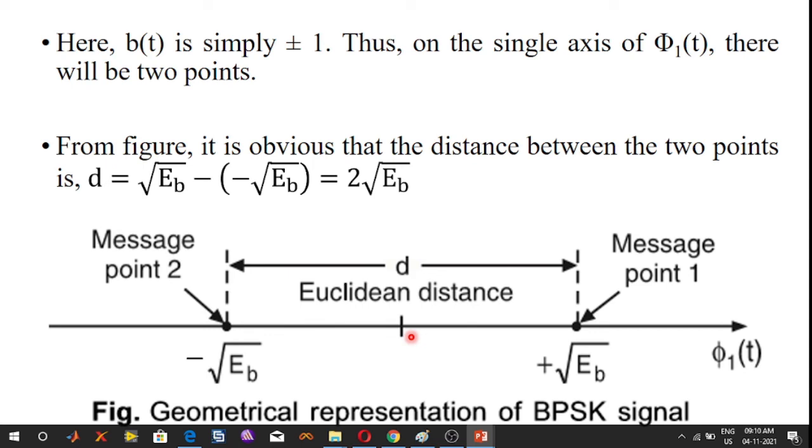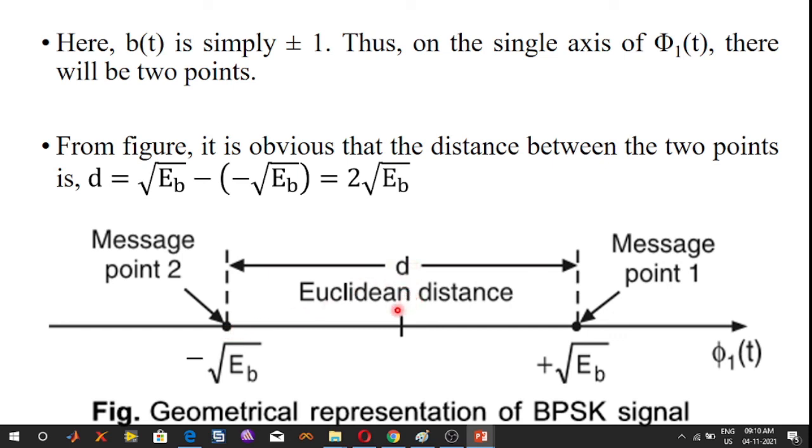The 2 points are, one point is plus square root of Eb, where binary bit 1 is transmitted, that is message point 1. And the second point is minus square root of Eb, which is message point 2. So from this figure, it is clearly observed that the distance between the 2 points is small d, that is the Euclidean distance.